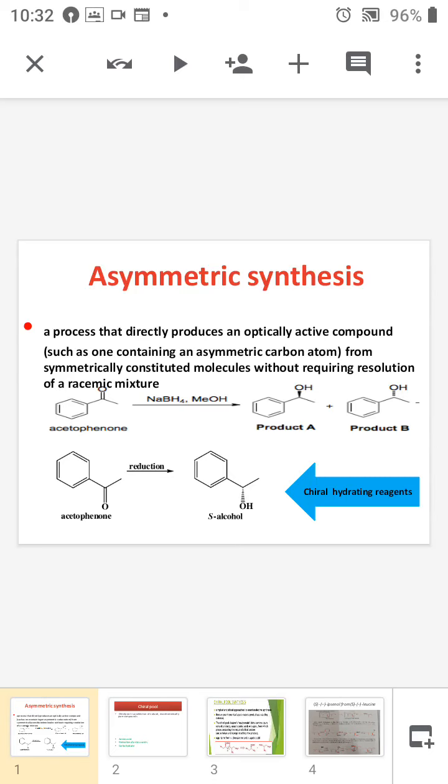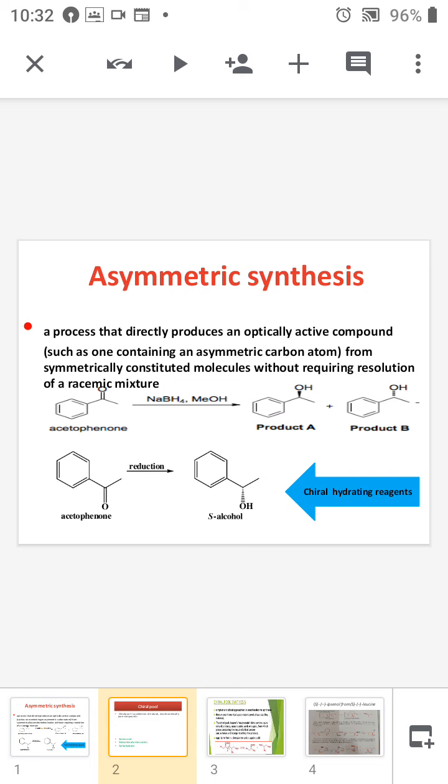Asymmetric synthesis is a chemical process that directly produces an optically active compound from a symmetrically constituted molecule without requiring the resolution of a racemic mixture. Resolution is a separative method used for the separation of the DL pair.